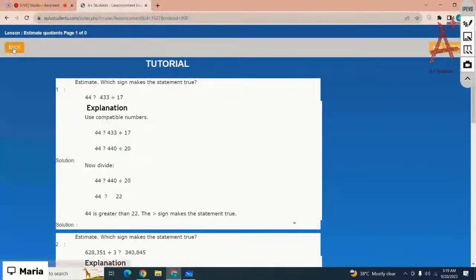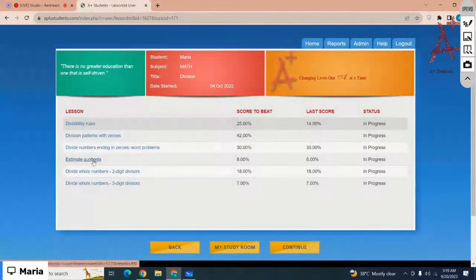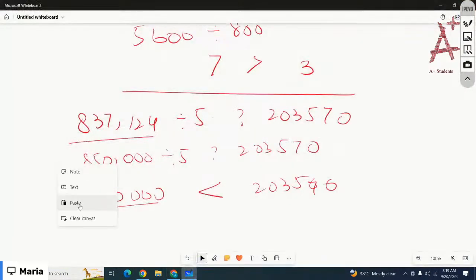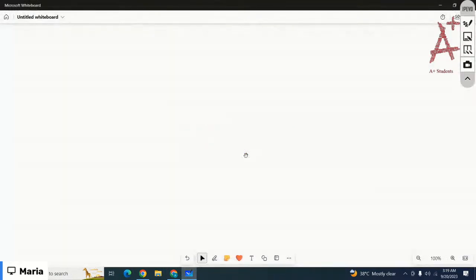Okay, the next lesson is divide whole numbers, two-digit divisors, right? Let's see how do we divide the whole numbers.